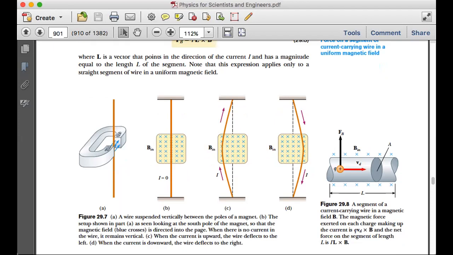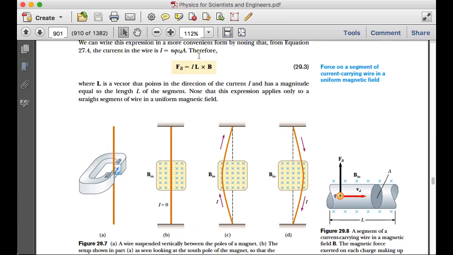You could set, for example, the thumb as the direction of the force, and the other four fingers in the direction of B. So L here, the vector L, is from up to down.